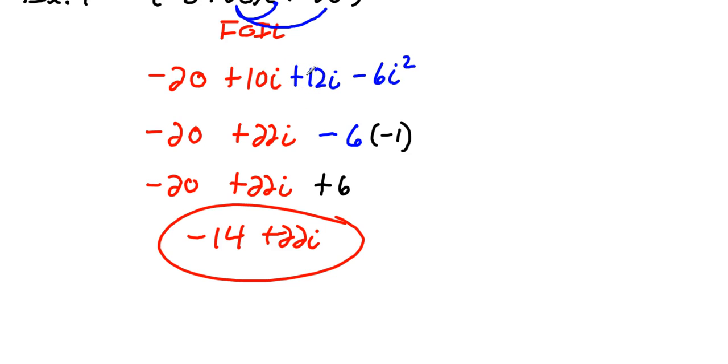And if your answer comes out to be just 14, that's okay, because sometimes the i term may go away. Sometimes you may get negative 20 here and a positive 20 here, and the answer is just 22i. So it's possible that one of the two terms could go away, but in the basic setup, you basically should come back to where you've got a real number and an imaginary number, and either one of those two could be 0, so they kind of go away.